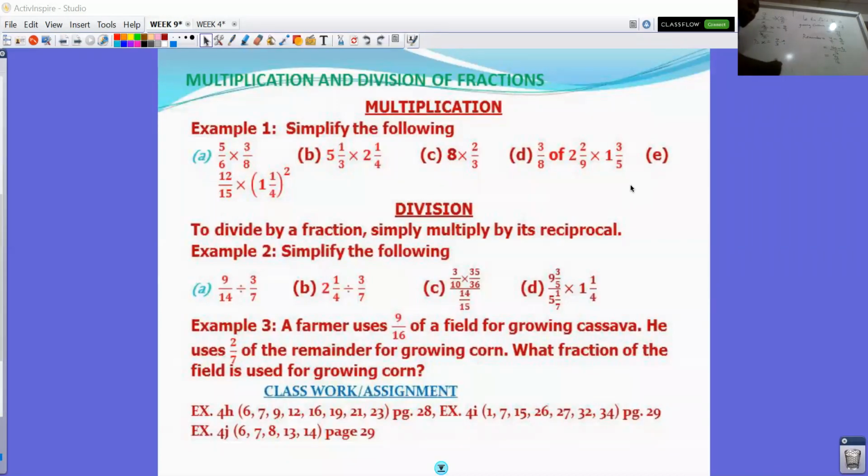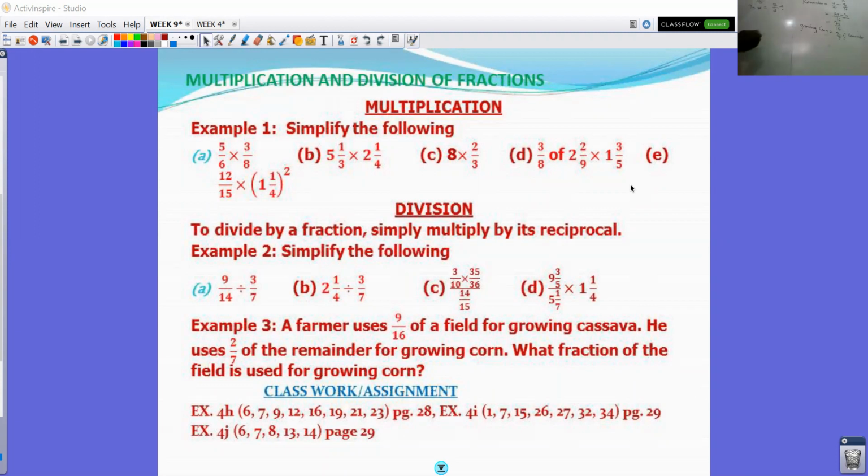For growing corn, we are told that he uses 2/7 of the remainder. That is what you use in growing corn, right?